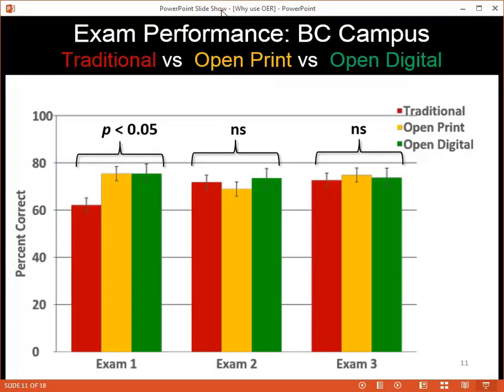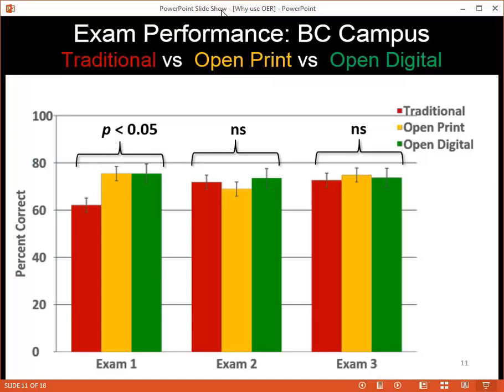Now, the next question is, are these books effective? Because free is great, but what's really important is, are these textbooks helping students do well in our classes and learn the content? And there have been a number of research experiments that have looked at this. One that I want to discuss is out of British Columbia, where they took a very large section of classes with multiple sections and divided the sections into 3 groups.